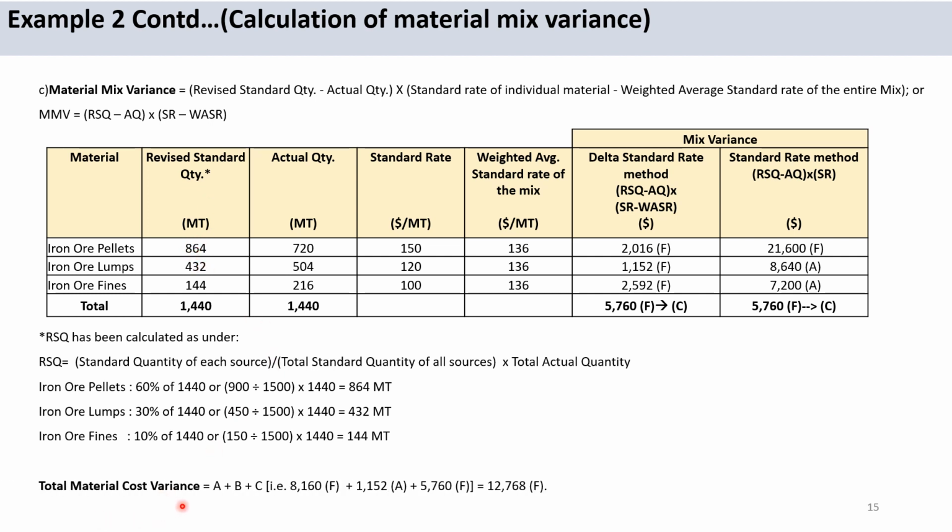So the total material cost variance becomes 8160 favorable, which was the variance due to production quantity difference. 1152 was the variance due to price difference, and 5760 is the variance due to mix variance. So the total becomes 12768, which matches our overall cost variance that we saw in the example.